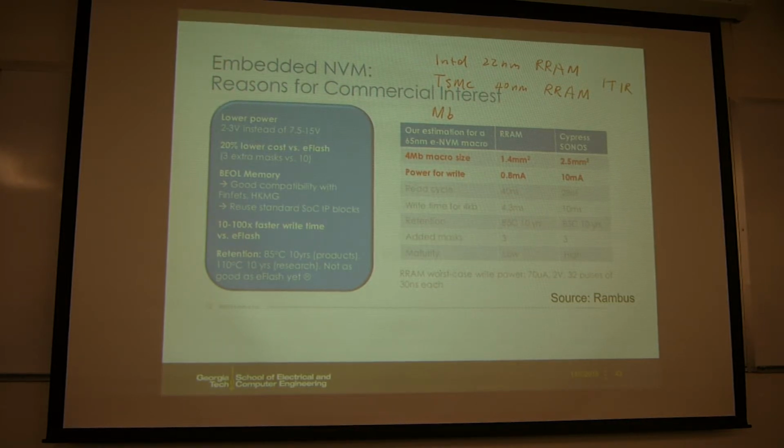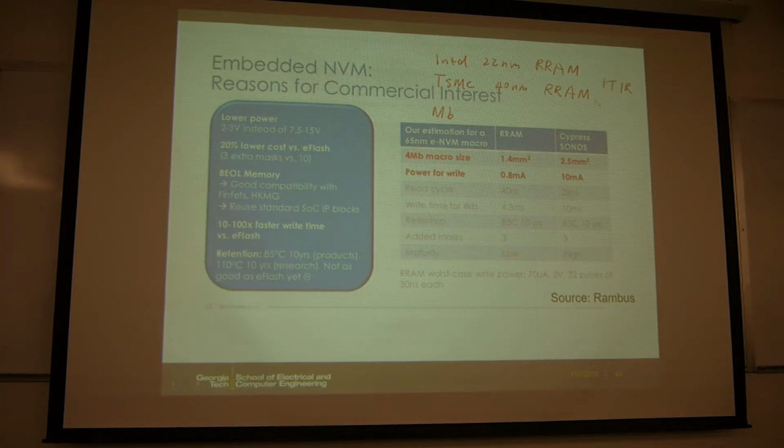Because there's still a filament formation, there is a temperature increase locally. I'm wondering if embedded flash is a bad idea just because you have a processor and thermal dissipation is a challenge or not. You mean for RRAM or for flash? For RRAM. Yeah, because they're using it in embedded as a replacement for embedded flash. Right? Yes.